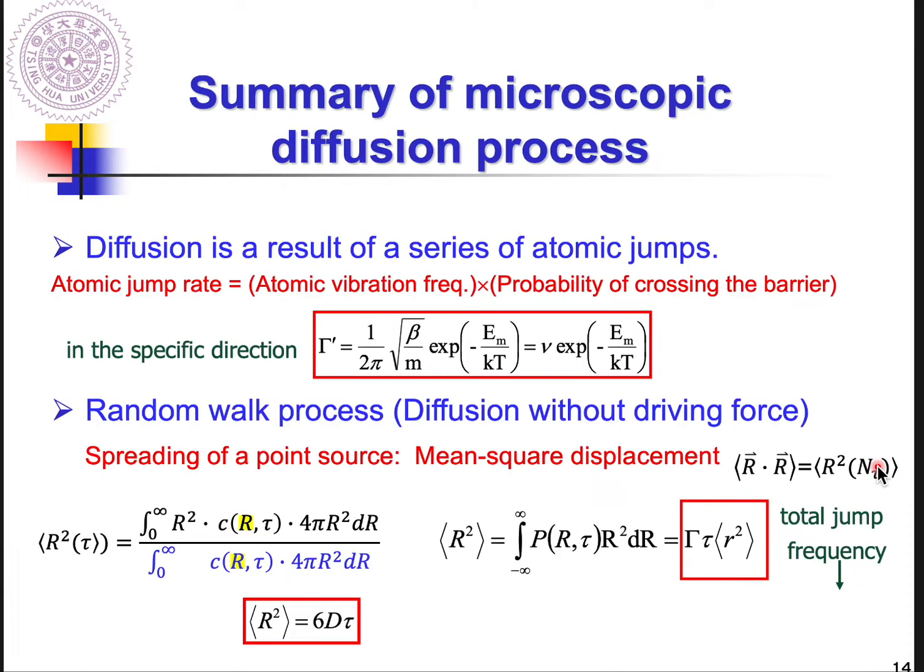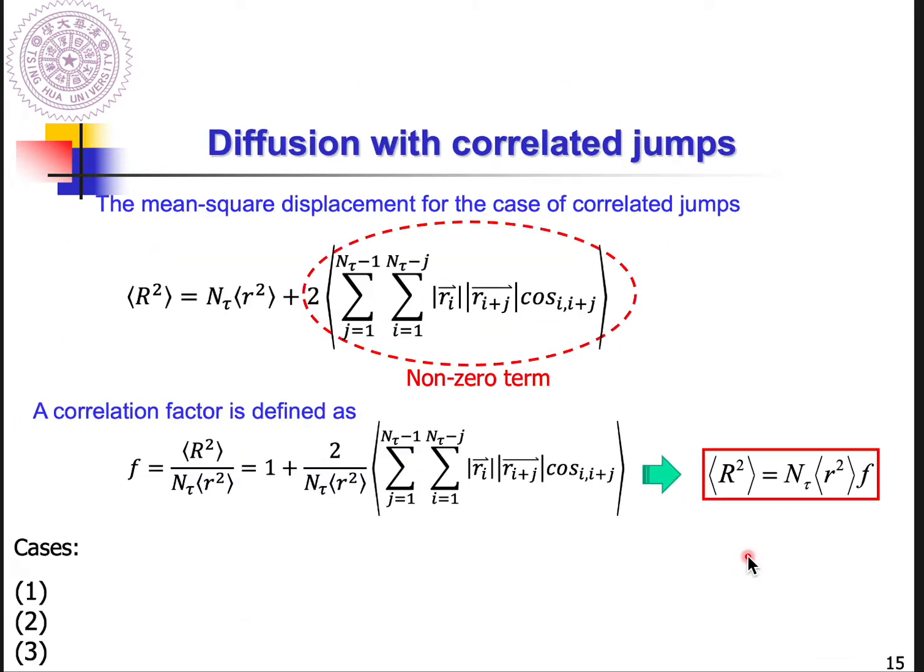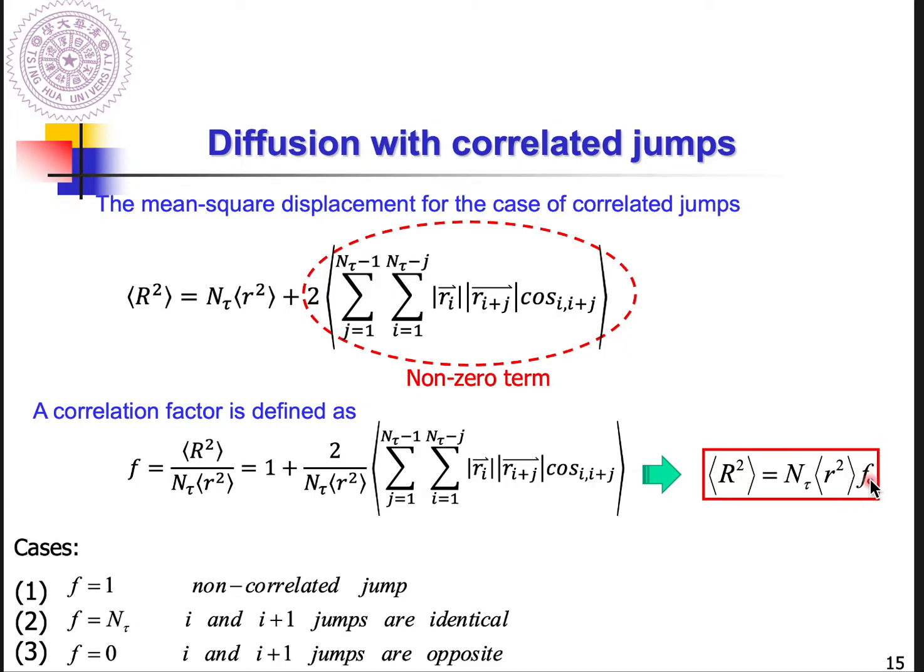If you check the previous results, this is nτ times the mean square jump distance. Based on the radial probability term, if it is non-correlated jumps, we need to add the f here. So there are 3 cases to give you more information about the correlation factor f.